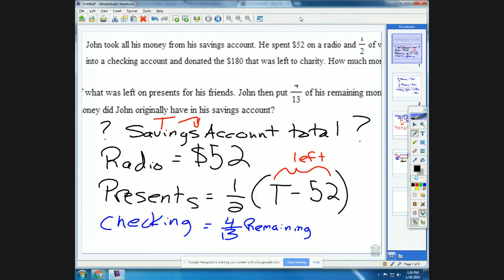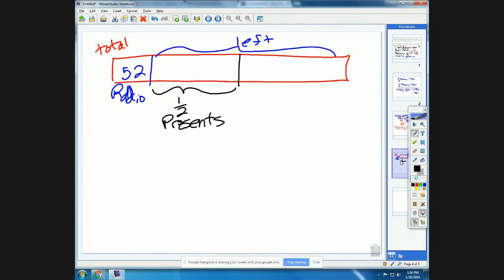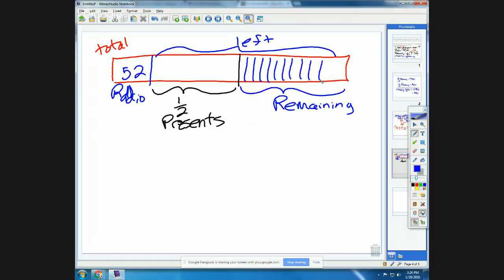Okay. So we have to split this remaining amount into how many pieces? Yeah, 13 pieces remaining. And so I'm just going to hope I can do that. 1, 2, 3, 4, 5, 6, 7, 8, 9, 10, 11, 12, 13.